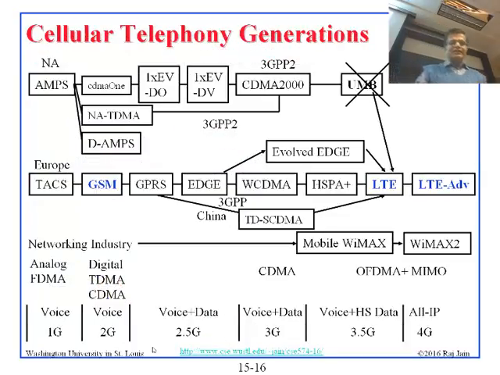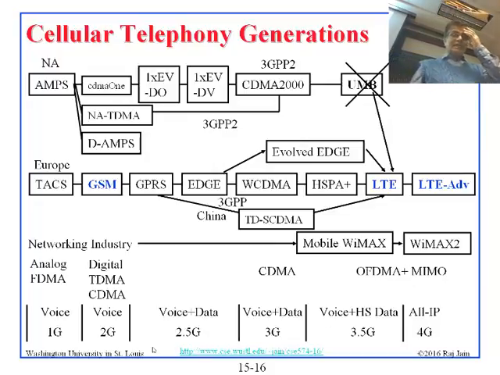Go on to cellular telephony. Cellular telephony goes by the G's. G stands for generations. The first generation 1G, 2G, 2.5G, 3G, 3.5G, 4G. Right now we have 4G, 5G is coming. The 1G started from North America, AMPS.